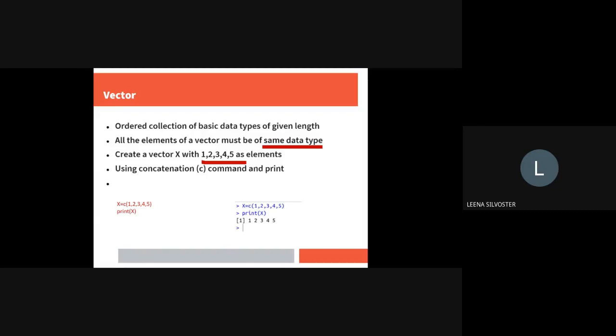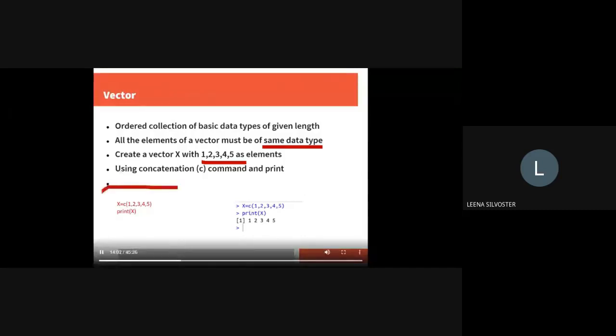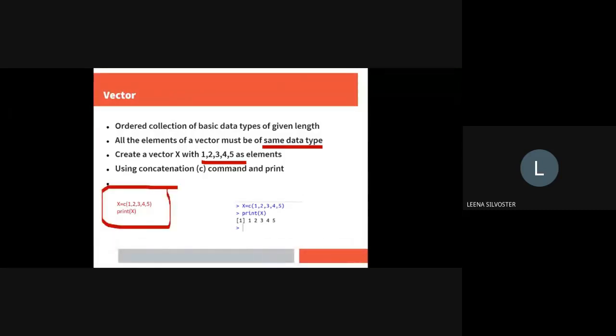Then you need to issue a command like this. So c represents the concatenation. So x equal to c of 1, 2, 3, 4, 5. This means that a vector x is created with elements 1, 2, 3, 4, 5.